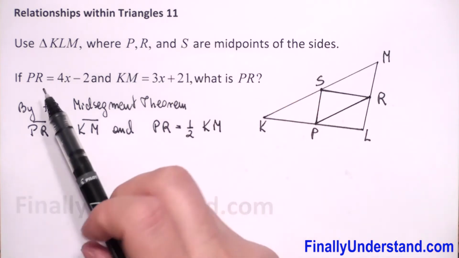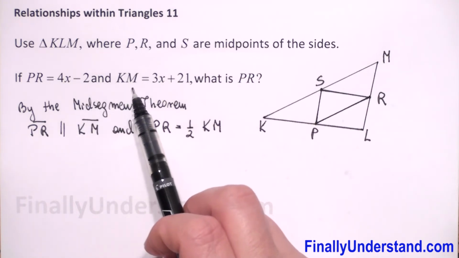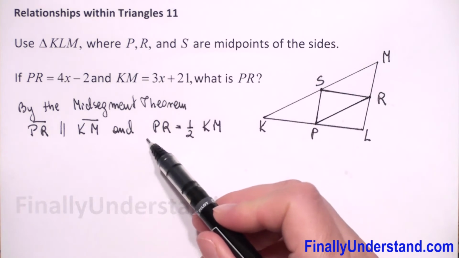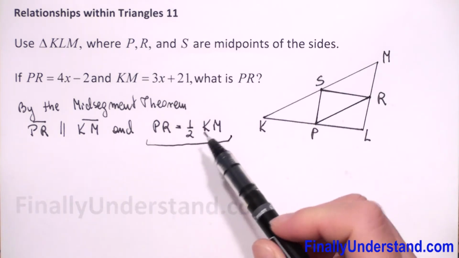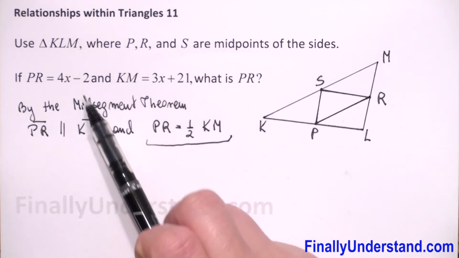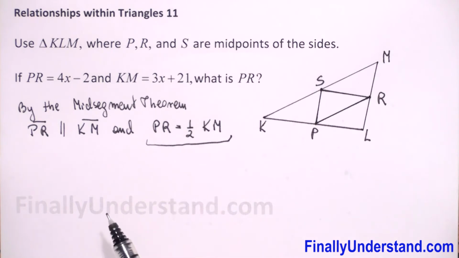So PR is given by the expression 4x minus 2 and KM is given by the expression 3x plus 21. So we will use this equation. We will substitute PR by 4x minus 2 and KM by 3x plus 21, and let's see what we will have.